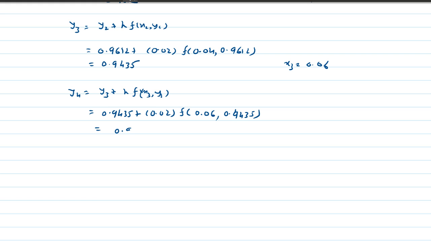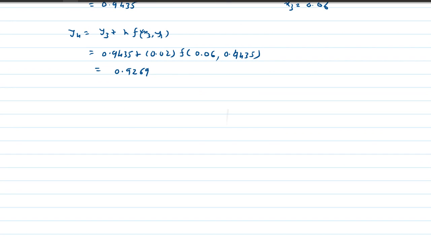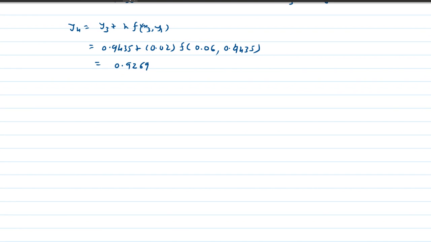Similarly, we can calculate y5 also. y5 is y4 plus h times f of x4, y4. So it is 0.9269 plus 0.02 into f of x4, which is 0.08, and 0.9269.